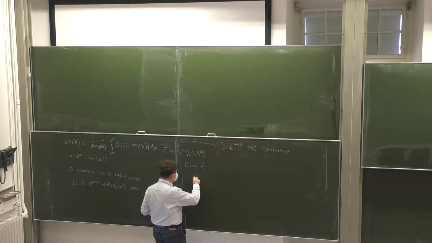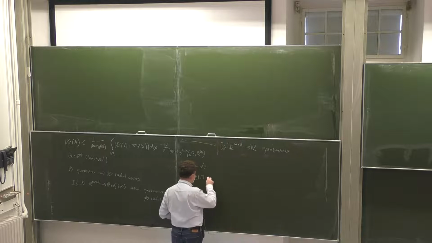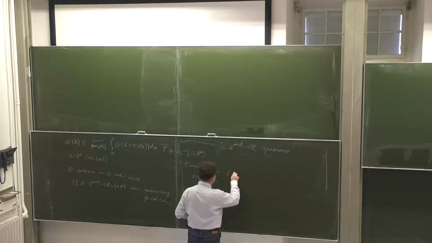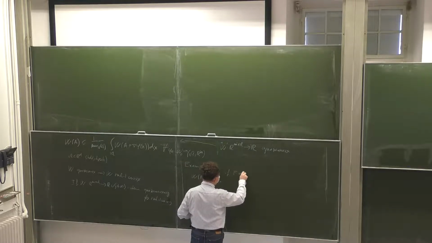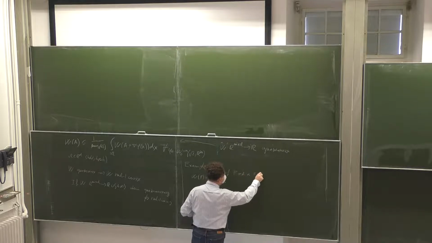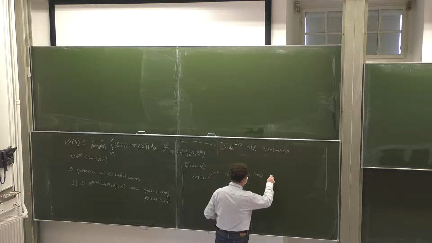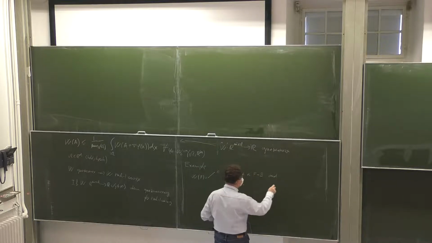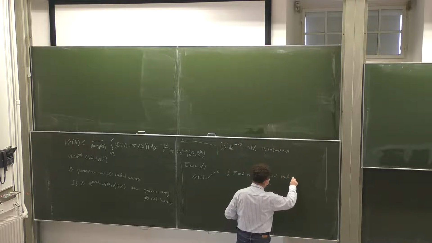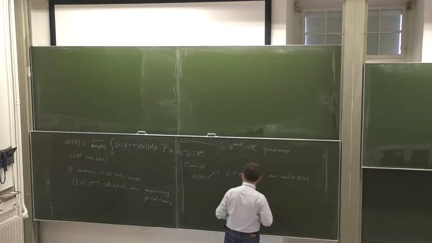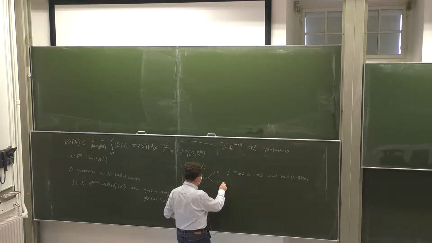You take W of F to be 0 if F equals A or F equals B, and rank of A minus B is bigger than 1, and plus infinity otherwise.